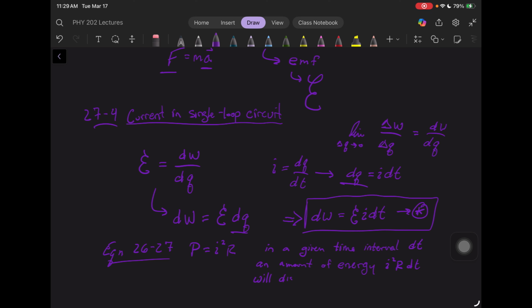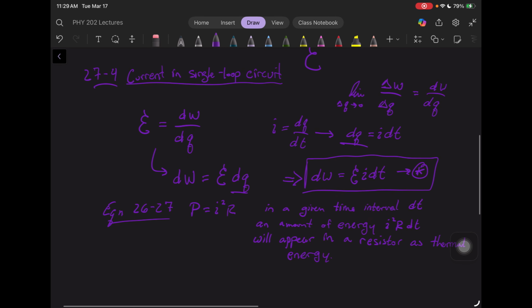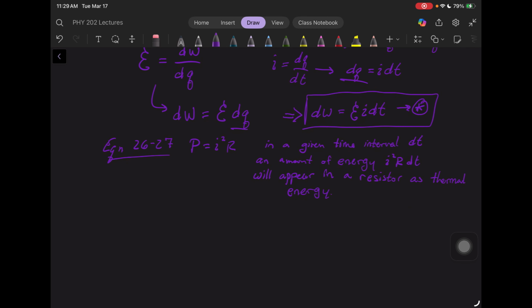I'm going to say will dissipate. No, we'll say appear. Dissipate would have been fine, I think. Okay. And so we said the amount of energy is going to be I squared R dt.